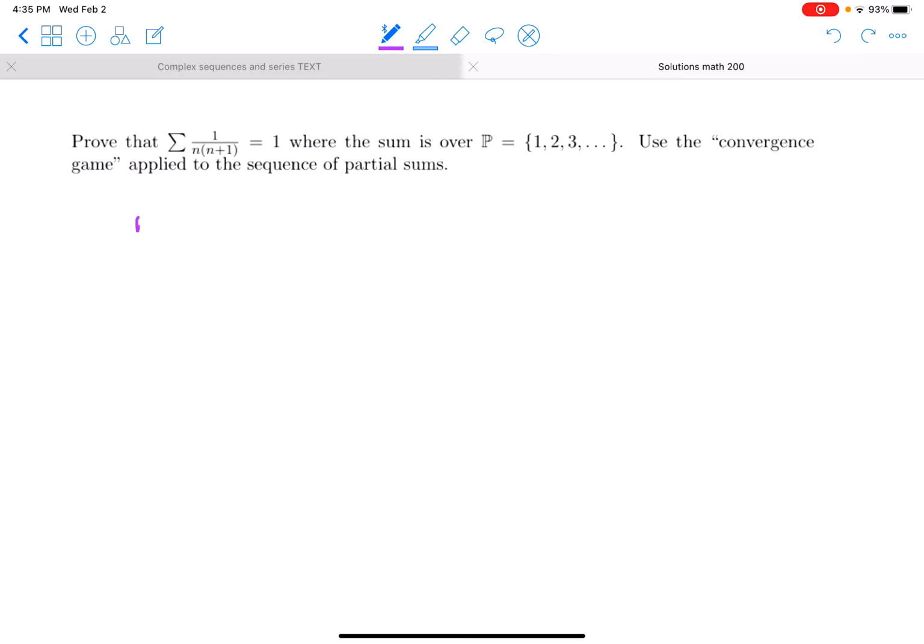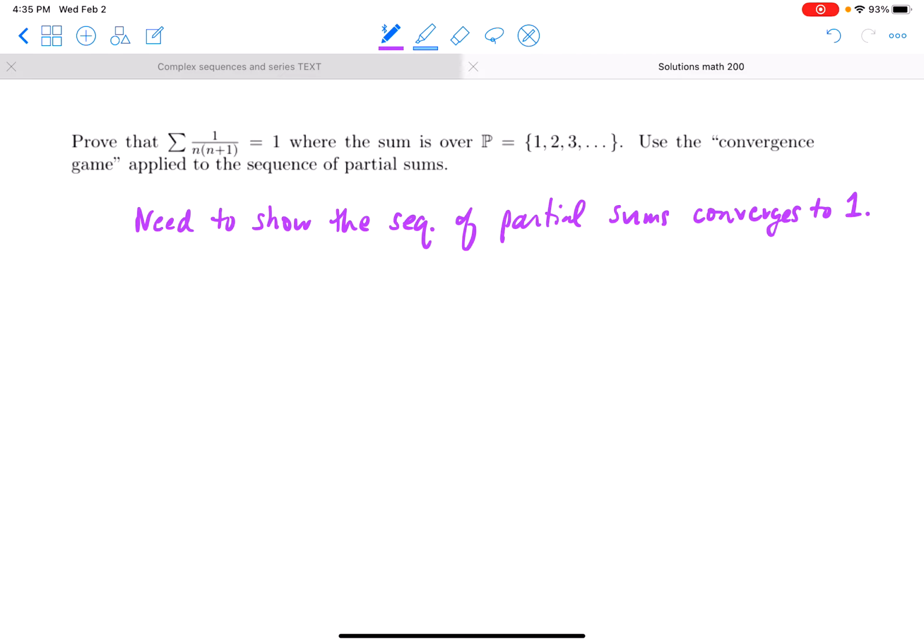Okay, so we need to show the sequence of partial sums converges to 1. And it asks us to use the convergence game.